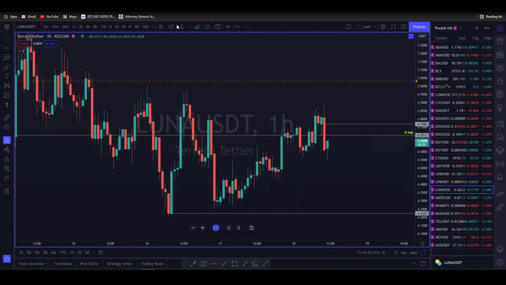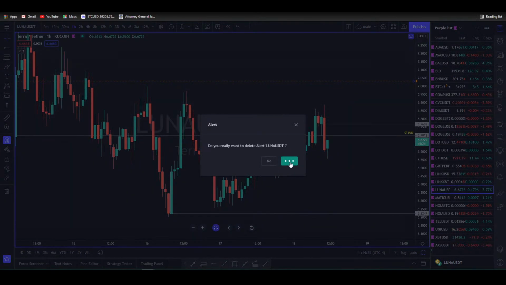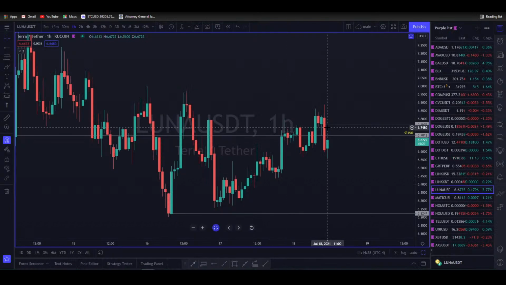So this alert, I'm going to go ahead and get rid of it because I'm pretty much going to be watching price the better part of the day. But yeah, keeping an eye on Luna. First target would probably be here. You could take some risk off if we do get this tight entry up here.